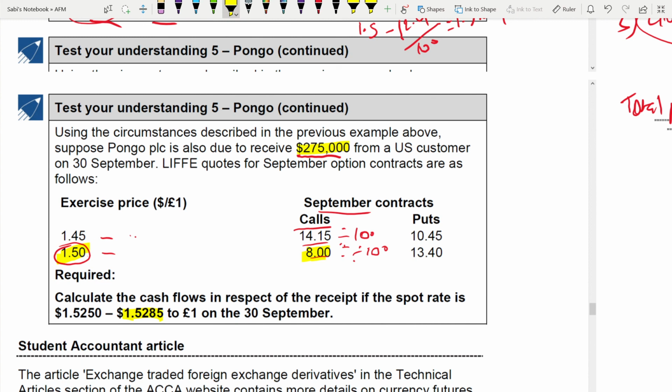From here, you need to deduct 7 into 25,000 into 1.5. Again, multiply by the exercise price because you have to convert that into dollars. So you will be left with 12,500, the amount not hedged. That also you will convert at the spot rate, which is 1.5285.